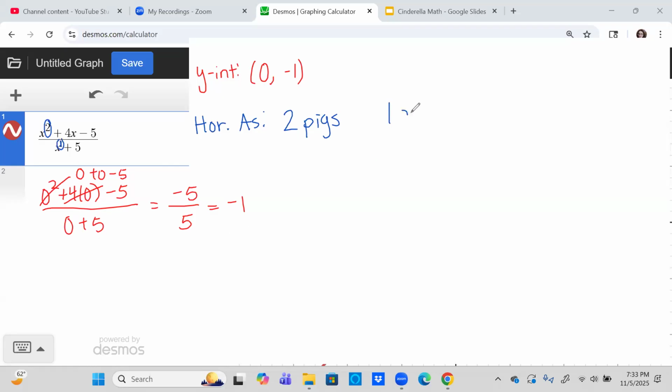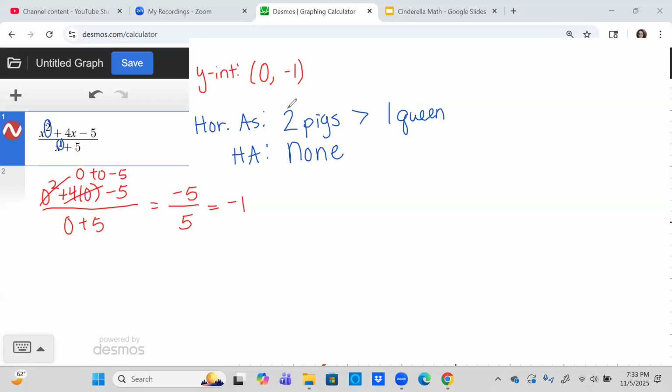So this is 1 queen. Boop. If your pigs or your top is bigger than your queens or the bottom, there is no horizontal asymptote. So you can just put none beside your horizontal asymptote. I'm going to call that HA for short just to save some time. Okay?